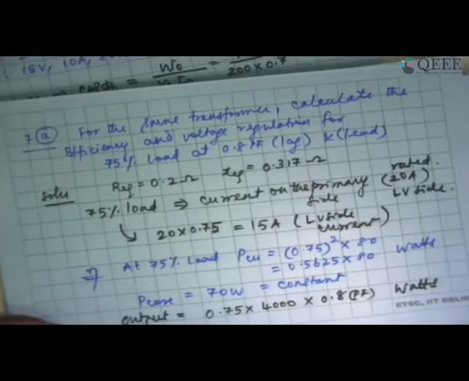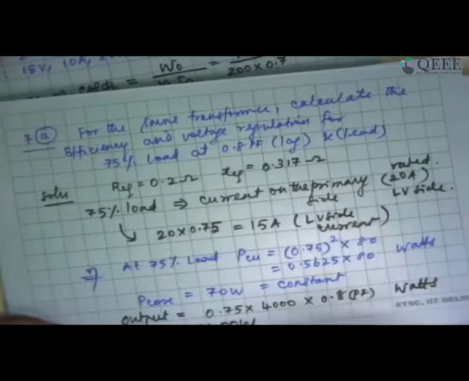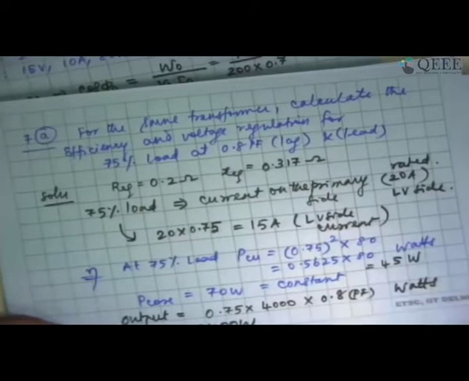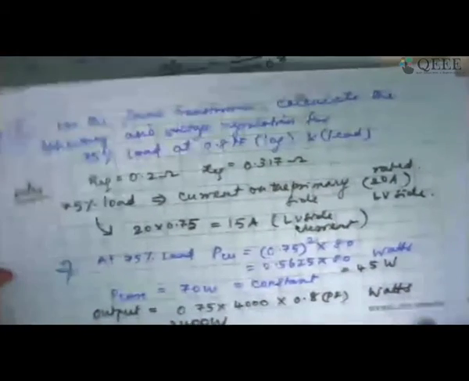Can any of you calculate and tell me how much is the output? 0.75 multiplied by 0.8 multiplied by 4000. 2400. So you are telling that this is 45 watts. Okay. So PCU is 45 watts. That's what I understand.